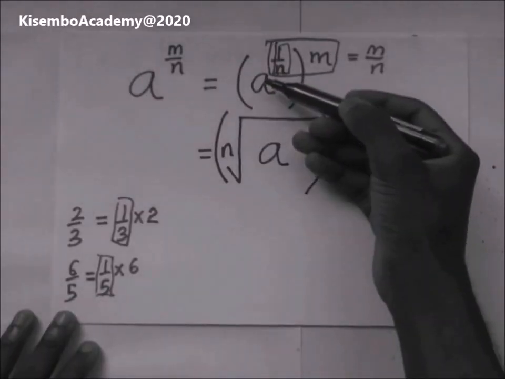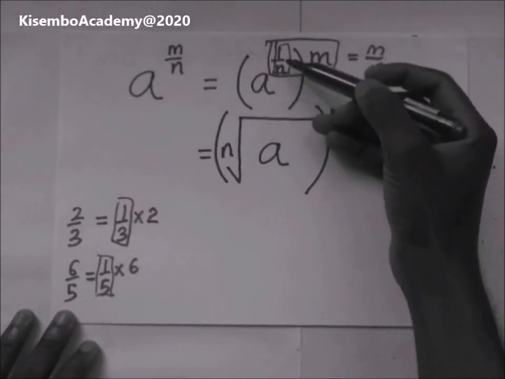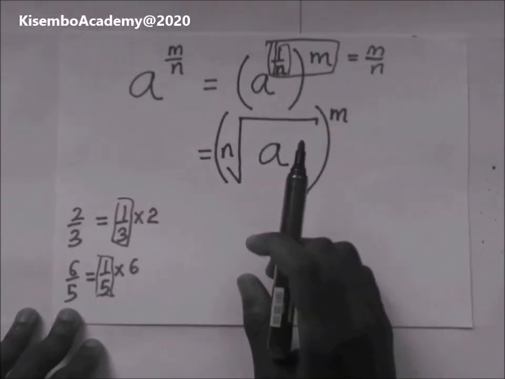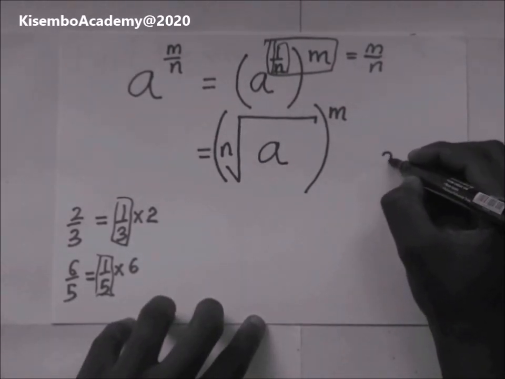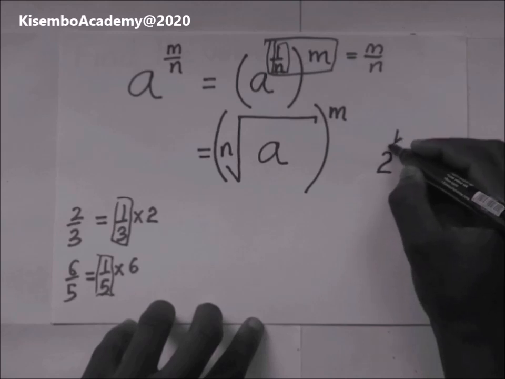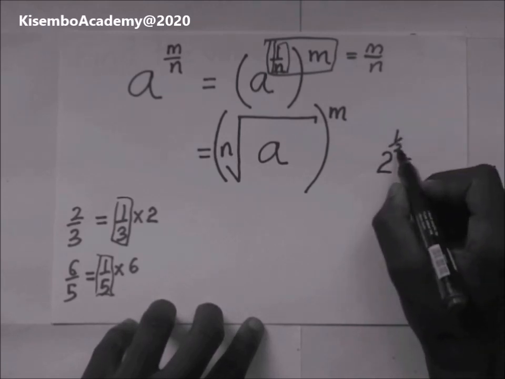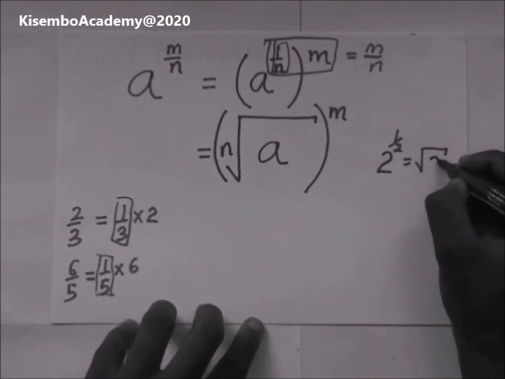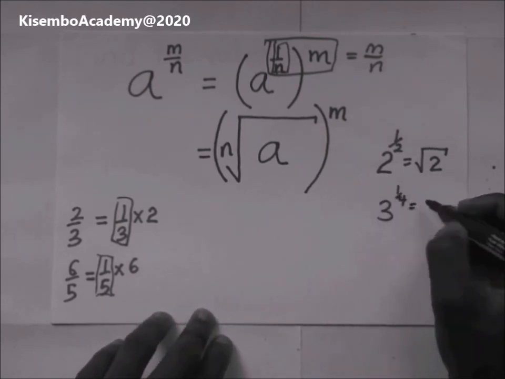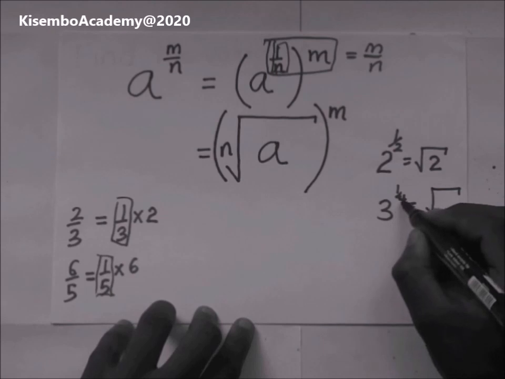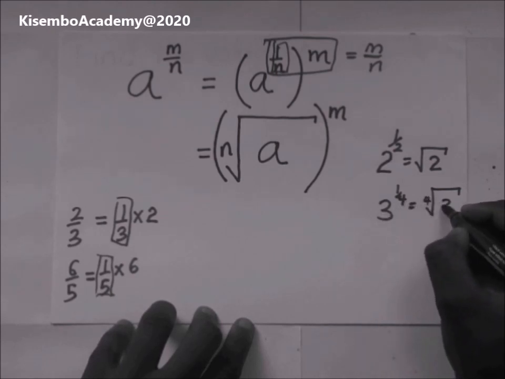Because any number to the power 1 over n is equivalent to the nth root of that number. For example, if we have 2 to the power a half, this is the same as the square root of 2. If it is 3 to the power quarter, this is the same as the fourth root of 3.